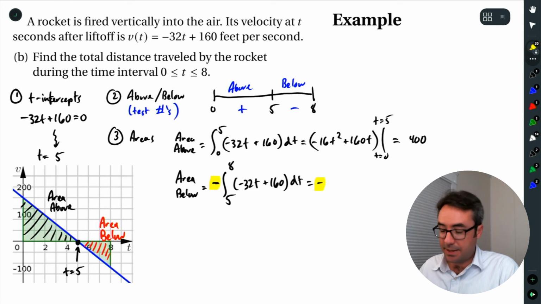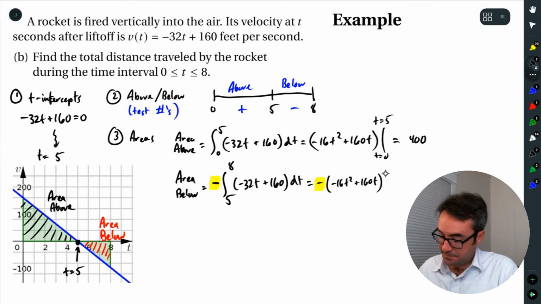Ultimately, though, it's the same antiderivative: negative 16t squared plus 160t. And then we're going to evaluate this from 5 to 8. Top number goes in first, so we'll plug the 8 in first.